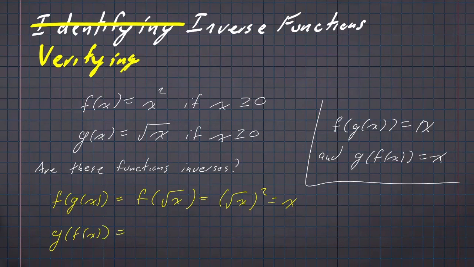On the other side, g of f of x is g of x squared, which is the square root of x squared. And as you learn in basic algebra, when you study radicals, the square root of x squared is the absolute value of x.